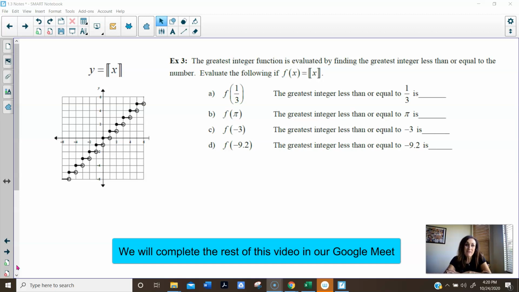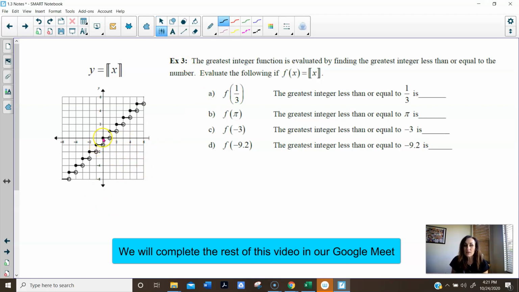So this graph is called the greatest integer function, or a piecewise graph. It is not continuous because if I were drawing these steps or tracing the steps, I have to lift my pencil up every time I hit a new integer.